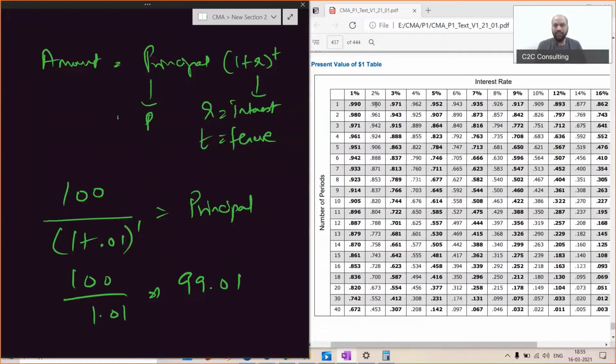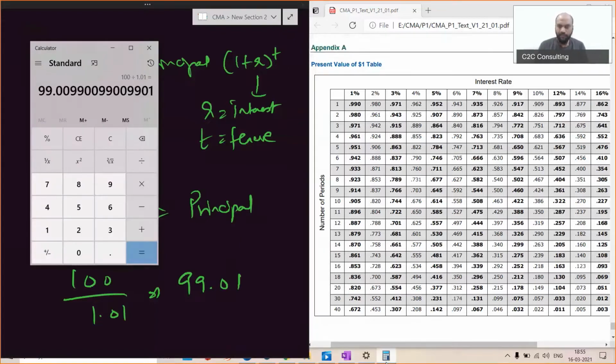Same way, let us try to understand how we can move to the next one. 100 divided by 1.01, that's 0.99, into 100 divided by 1.01, I'll get the second year. So amount divided by 1 plus R to the power of 2, as the tenure is 2. That's 0.9803, which is what you have given here in the table, 0.98.